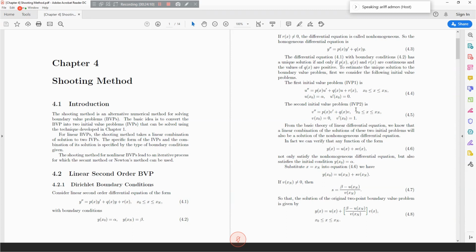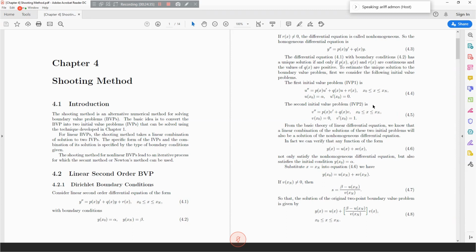Once you solve IVP1 and then you solve IVP2, it means that you are getting the solution for u: maybe you are having u(x0), u(x1), u(x2) until u(xN). Same goes to IVP2. You are getting the solution for v(x0), v(x1), v(x2), until v(xN).